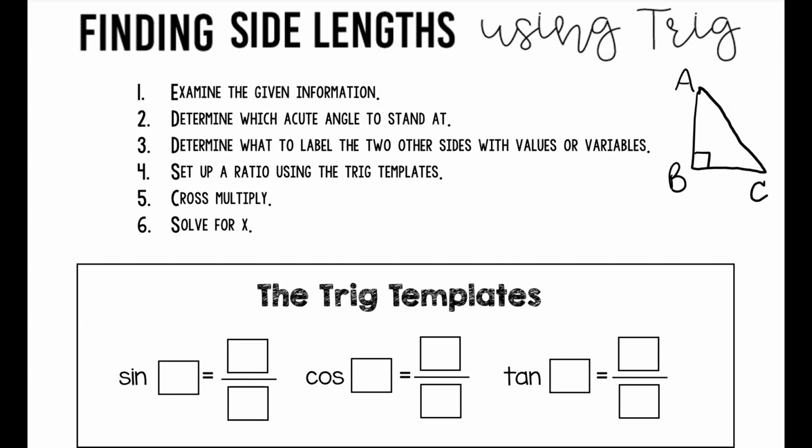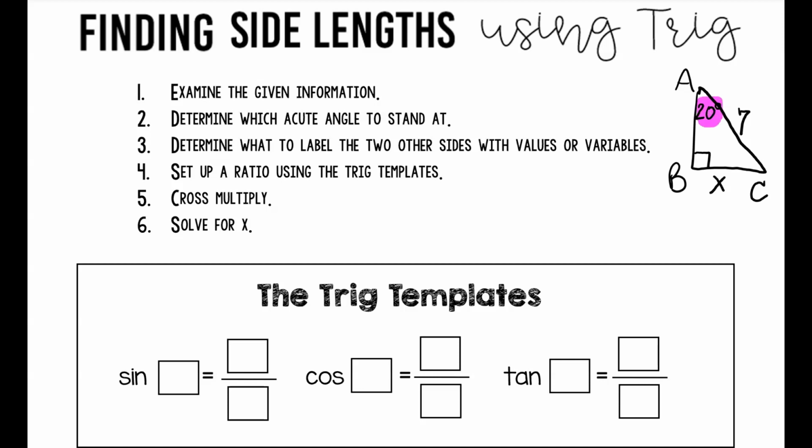All right, one of them will have a number in it. So for example, if I have a 20 here, okay, I'm going to be standing in that 20. Then you're going to have 2 of the 3 sides with something there. So for example, I could put an X there and a 7 there. Random numbers. All right, so then you're going to determine based on where you're standing.